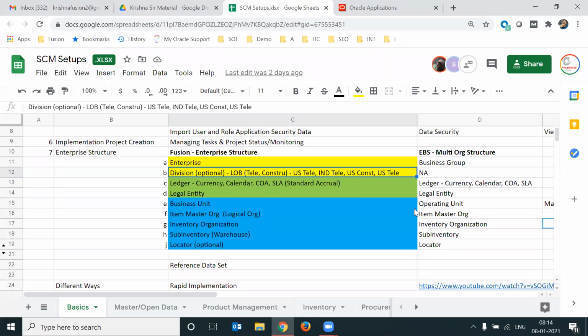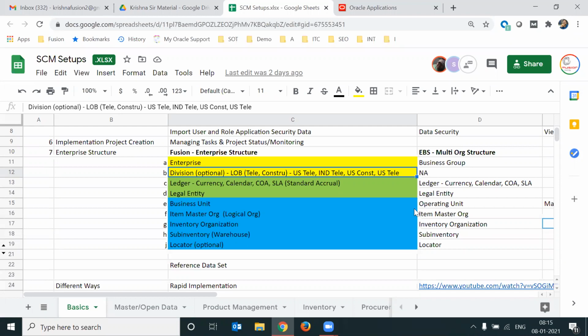We can also create divisions according to the geography or region. Let us assume Tech Leads is into just training only. We have only one line of business, but we have spread across the globe. So I would like to create divisions based on the region, like APAC, or EMEA, or Asia specific.